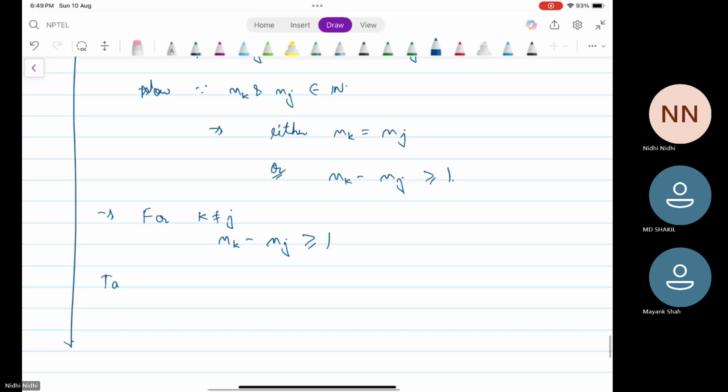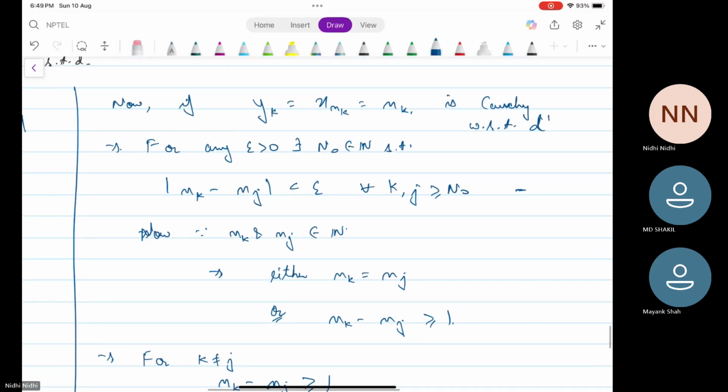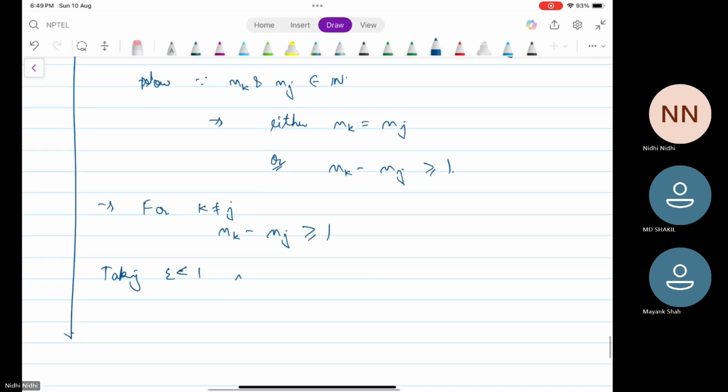Taking epsilon strictly less than 1 in equation 1, this happens for every k, j greater than or equal to n naught and k not equal to j. We get a contradiction.